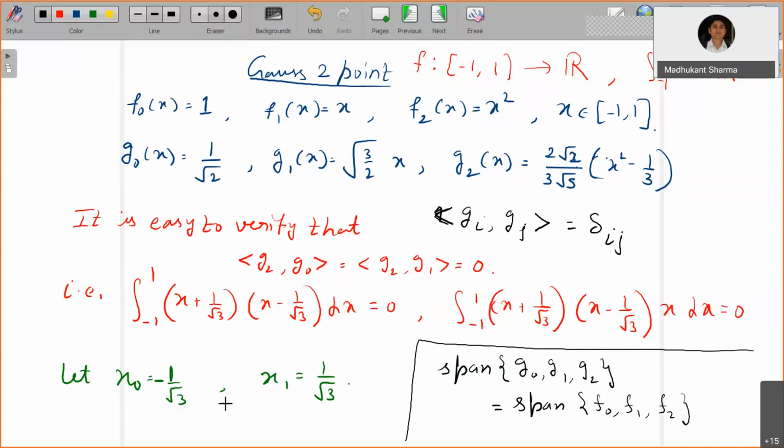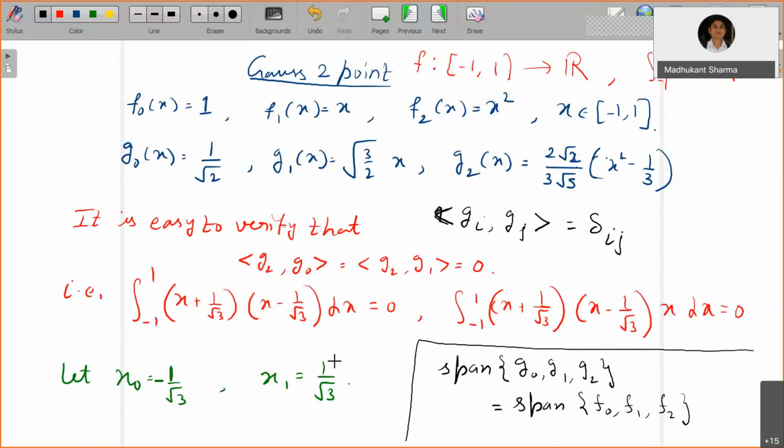Then you will treat these as interpolation points and write an interpolating polynomial of degree less than or equal to 1 using these points. And then you will see the error term goes to 0 whenever you go for polynomials of degree less than or equal to 3.